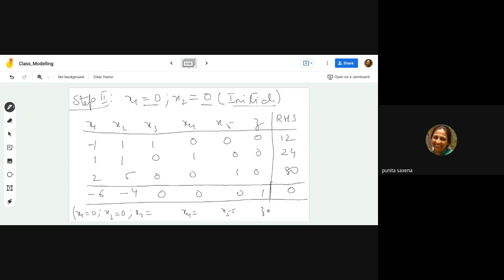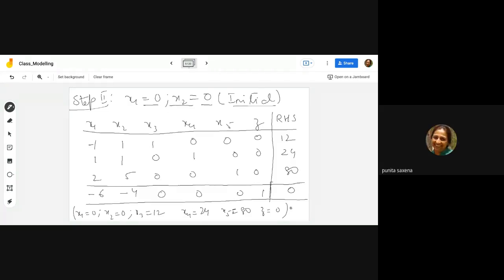And what will be the value of z? z is 0, fine. So x3 you said is 12, right? What about x4? 24. And x5? 80. So basically this is the solution that you have, right? And this corresponds to which point geometrically? The origin, x1 0, or x2 0.